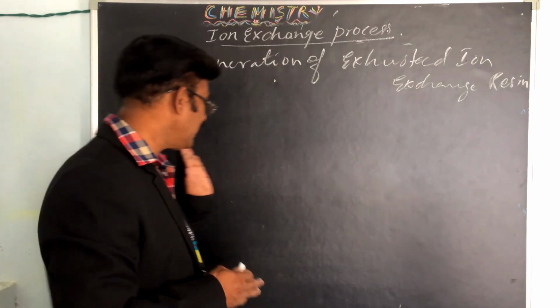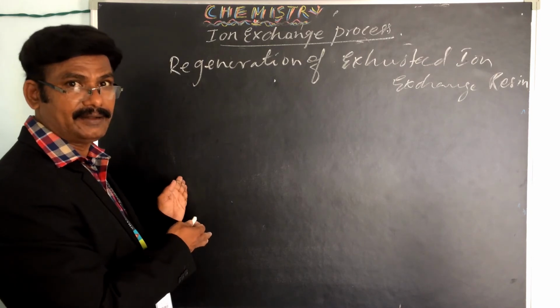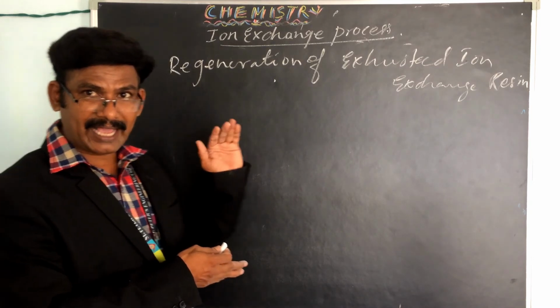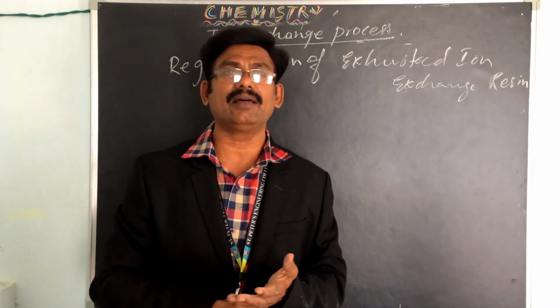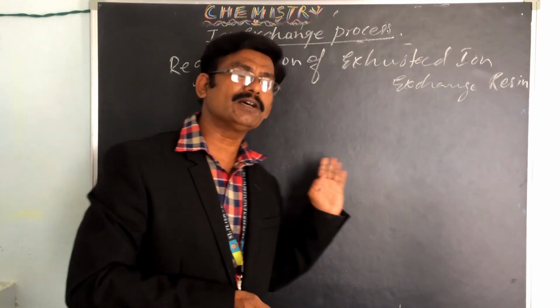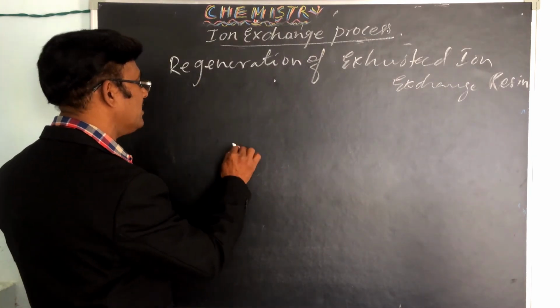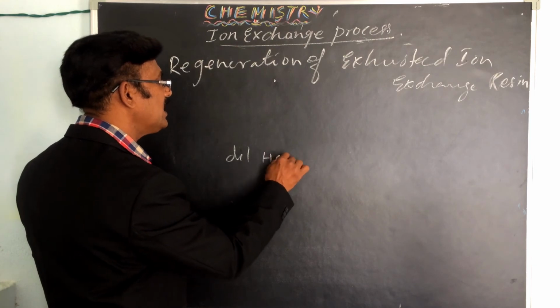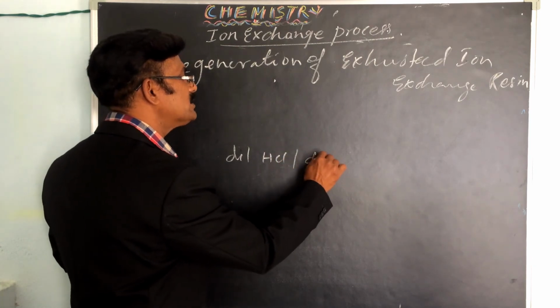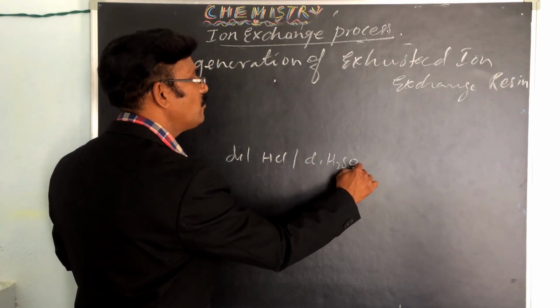Here, a regeneration tank is there in the diagram. The regeneration of exhausted cation exchange resin column is possible by passing dilute HCl or dilute sulfuric acid H2SO4.